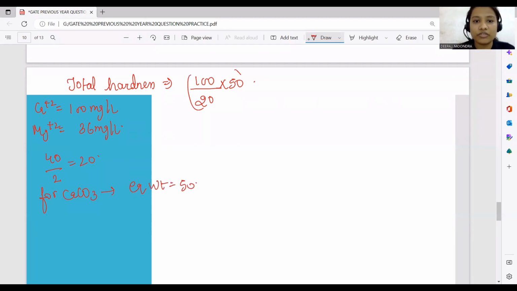So we'll multiply by 50, plus, again, the same for magnesium: 36 divided by, for magnesium, 24, its molecular weight, divided by 2, its N factor, so it will give 12. So here it will be 36 divided by 12, into 50.